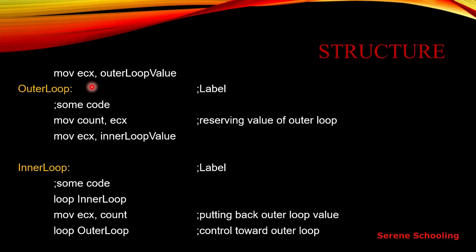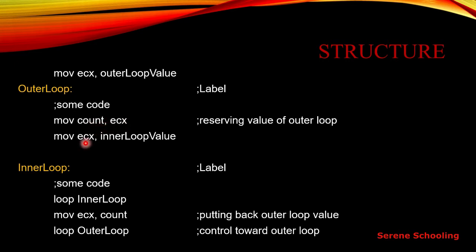In case of loops, we already know how loops work in high level languages: once the outer loop executes, the inner loop completes all its iterations, then it goes back to the outer loop. So for that purpose we must have the value of the outer loop preserved. So I'm moving that outer loop value into some other variable.